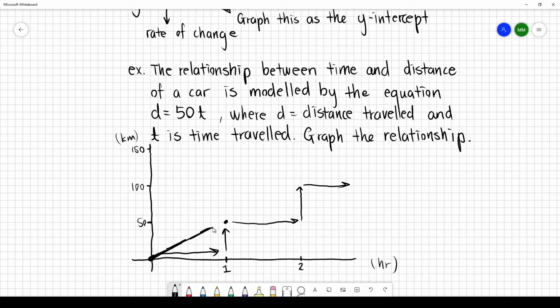So I just got to plot the graph. And that's all for this question. Just recognize the slope and recognize the y-intercept, which is 0 in this case.